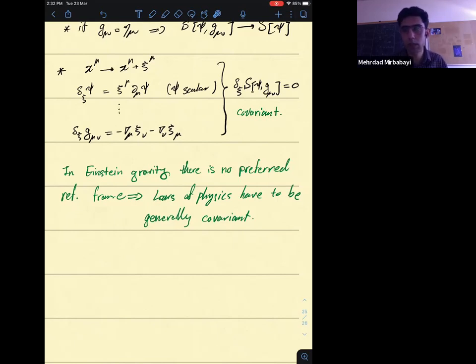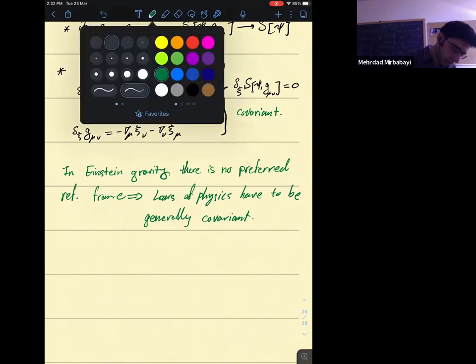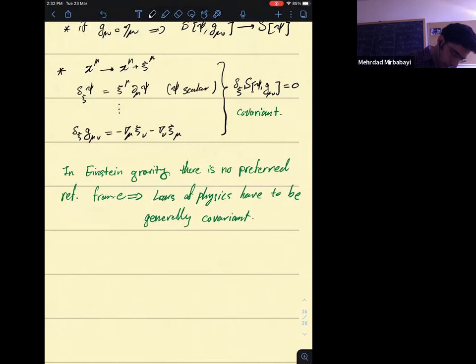This in particular means that if we have derivatives, those derivatives have to be replaced by covariant derivatives.